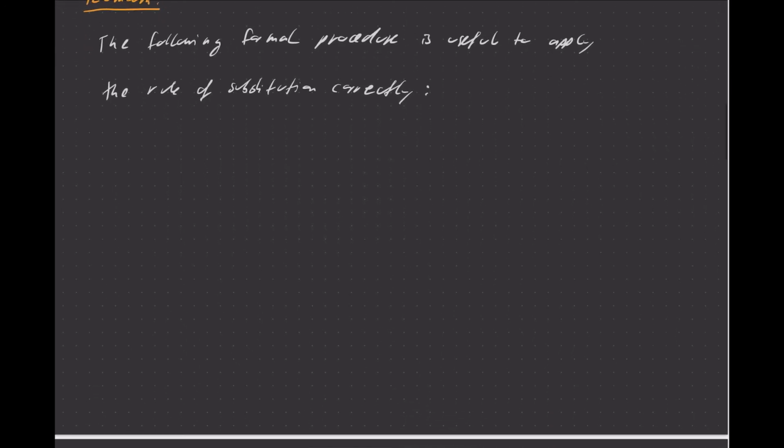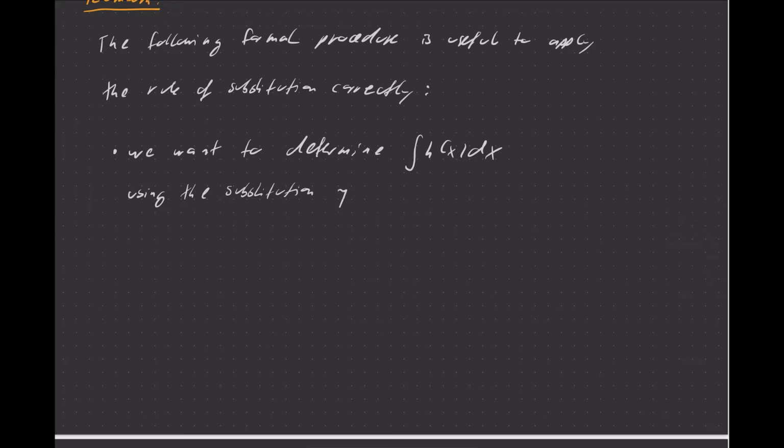So let's say we want to determine an integral. So we have an integral over some function h of x dx. And we want to use a substitution. And that substitution is going to be y is g of x for some function g that we just guessed.